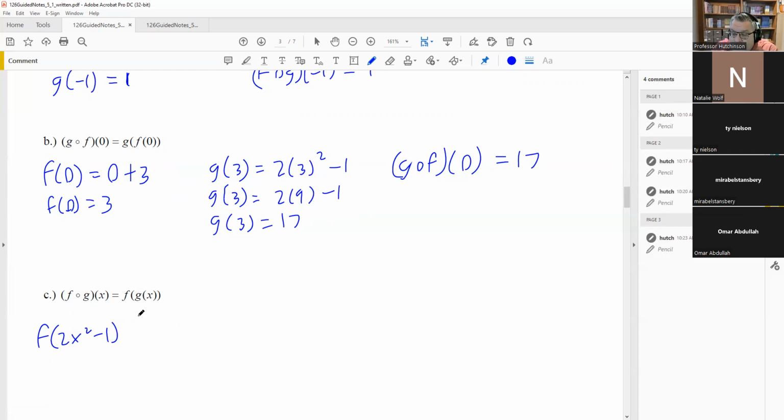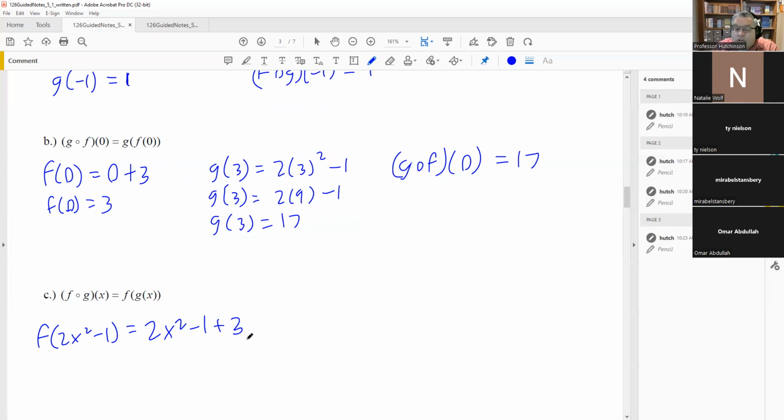Now, in order to do this, we have to put 2x squared minus 1 into the f function. The f function is x plus 3. If I remove the x, I'm going to replace it with 2x squared minus 1. And there's a plus 3 here because the plus 3 was part of the f of x function. So all this right here, this 2x squared minus 1, that was what we put in there for x.